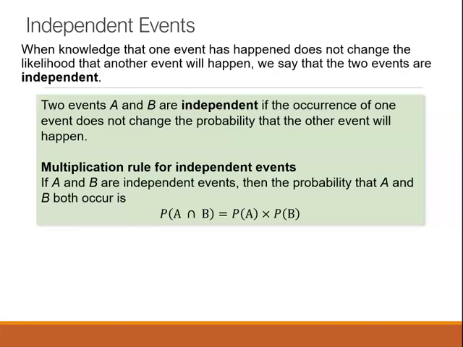The probability of getting heads the second time is 0.5. So the probability of getting heads 2 times in a row would be 0.5 times 0.5 or 0.25. Is everybody okay with that idea? So again, if it's an and, you're multiplying the probabilities together. If it's an or, you're adding the probabilities together. Everybody's okay with this? Okay. And again, intersection means and.